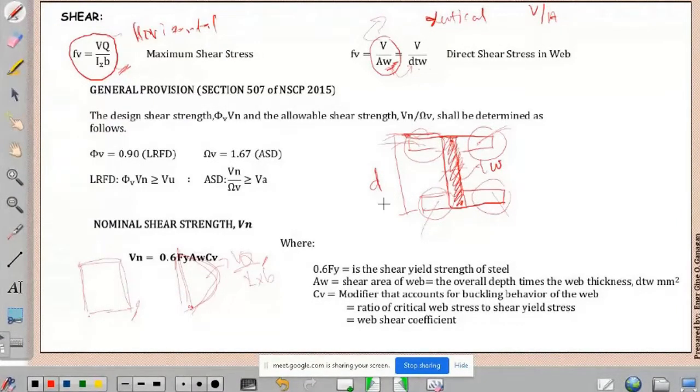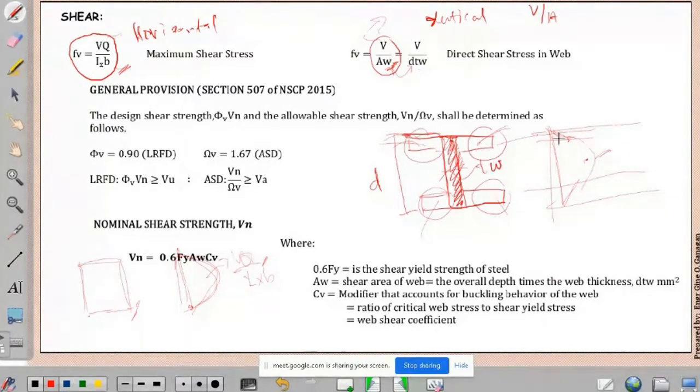So pagka I-shape or wide flange, yung magiging shear stress diagram natin, dito sa part ng wide flange, maliit lang yung shear stress natin dyan. So lalaki lang yung ating shear stress on the part of the web. So ito yung pinaka-stress natin sa web.